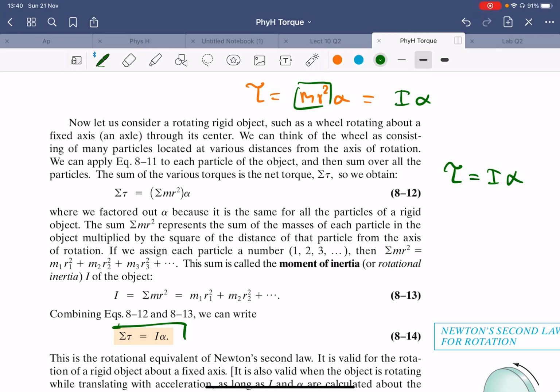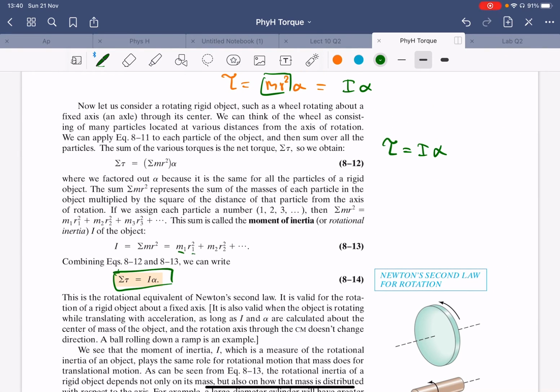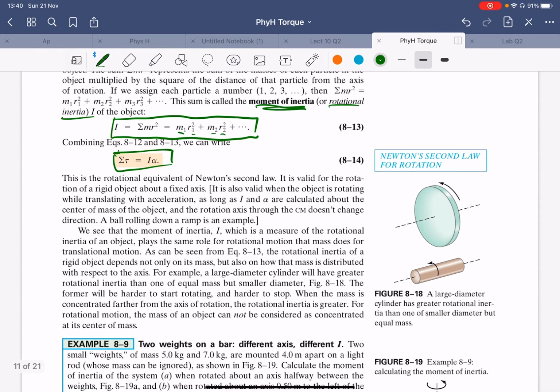So another equation for torque is I alpha. See this, right? What if you have so many masses and so many different radii? You can take the summation of that to find the total moment of inertia, or we call this rotational inertia. So what is rotational inertia? Just imagine these two and you spin them.